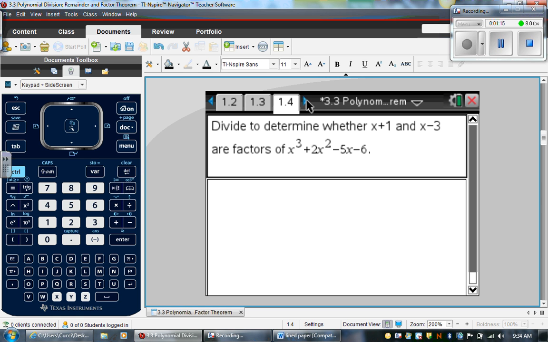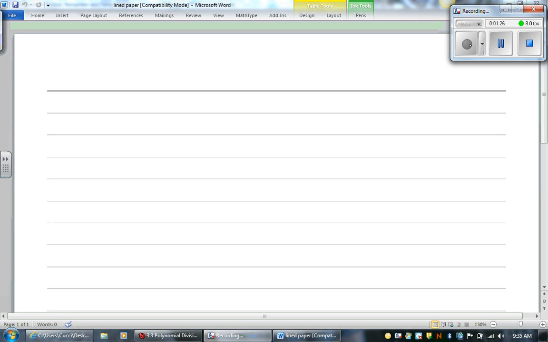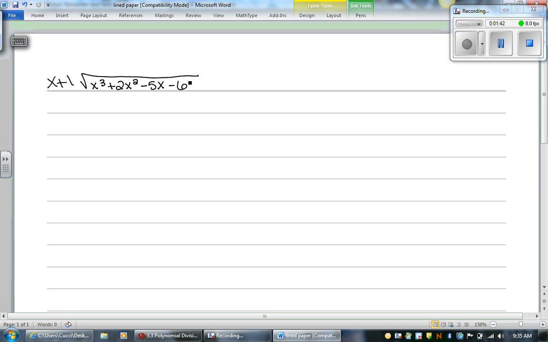Okay, so we are going to divide to determine whether x plus 1 and x minus 3 are factors of x cubed plus 2x squared minus 5x minus 6. We're going to try the first one, starting with x plus 1, and we're going to do long division here.